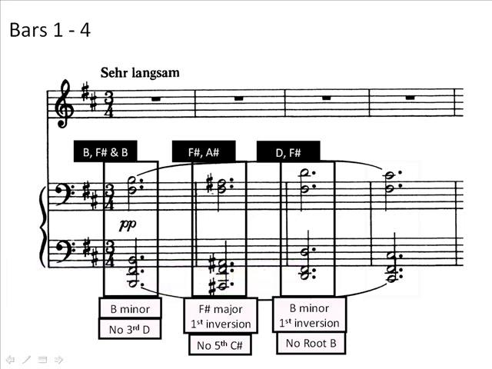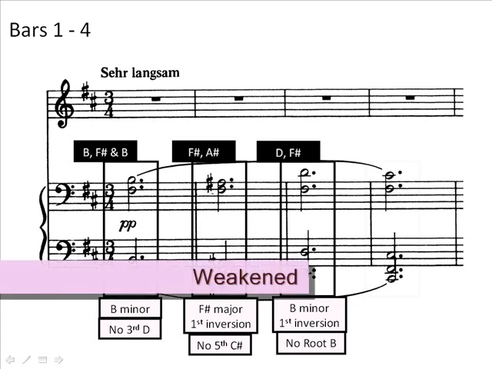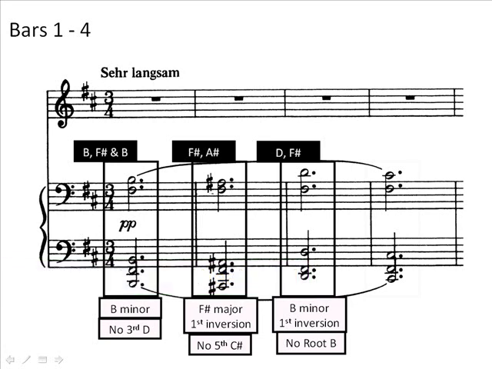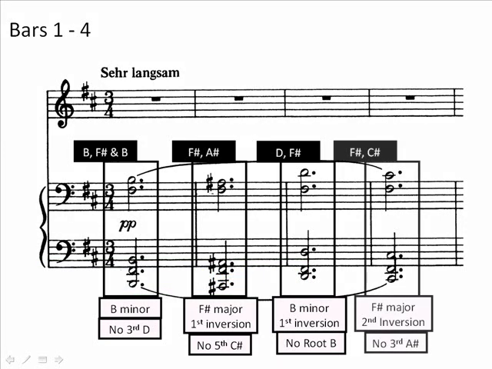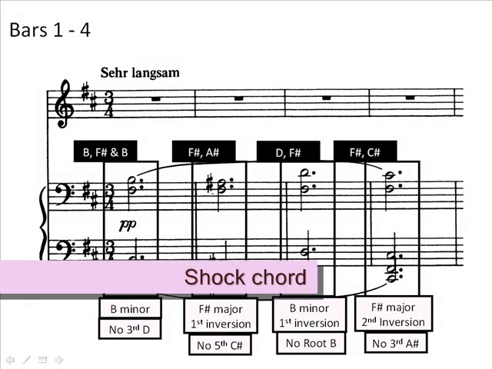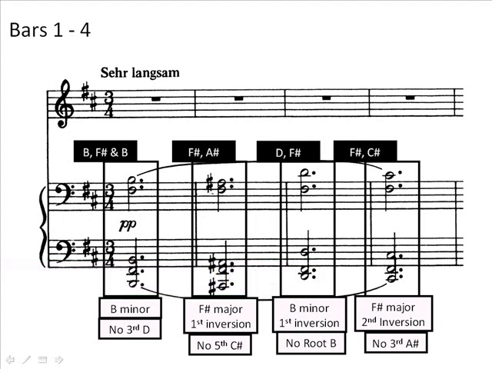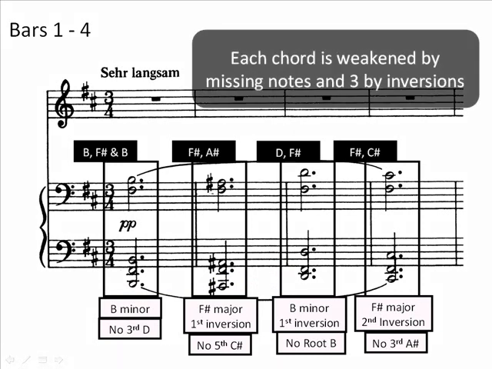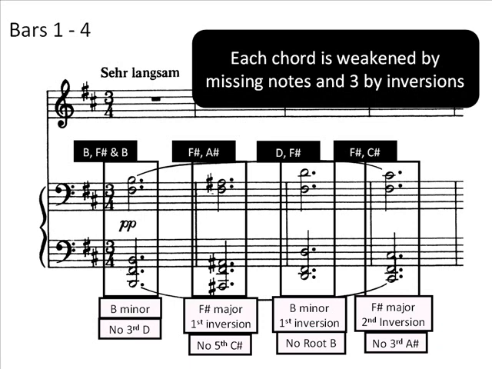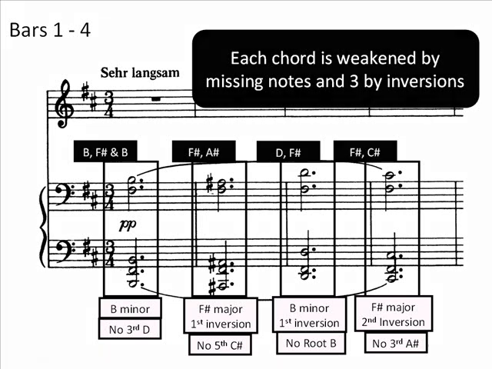The chord is also in first inversion, and therefore weakened. The 4th chord, the F-sharp dominant, is a shock chord as it has no third and is in second inversion. By omitting vital intervals within each chord and further weakening them by inversion, Schubert ensures the dramatic opening of this work.